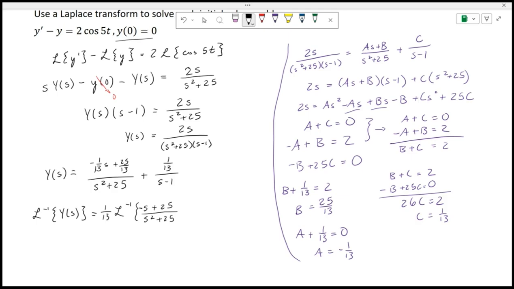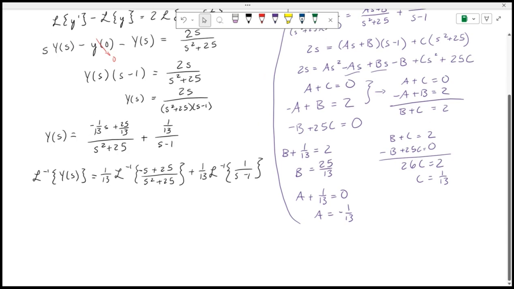And let me not forget that negative there. Plus 1/13th Laplace inverse of 1 over s minus 1. Okay, so it's looking better. The last one is going to give me a power of e, I know from the table. This first one, though, I need to break down a little bit further.